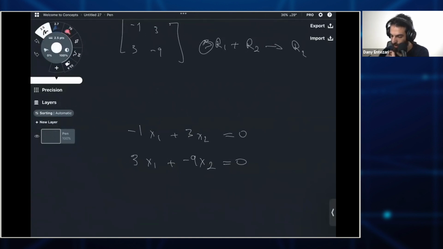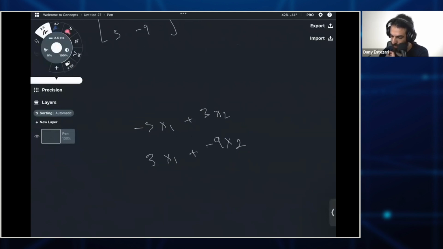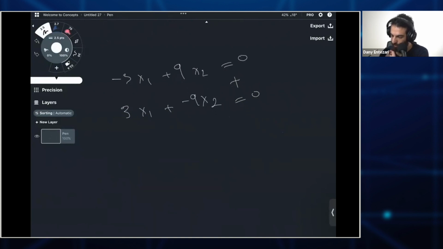We actually removed the augmented matrix, so we don't need to worry about this anymore. This will become negative 3, negative 3. This will become positive 9. Add these two. I can't call them equations anymore. Let me bring back the 0. So now they're equations. If we add these terms together, what do we get?